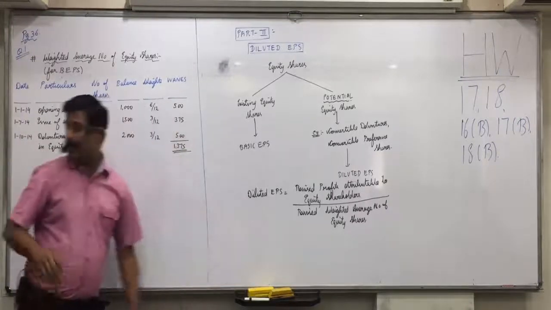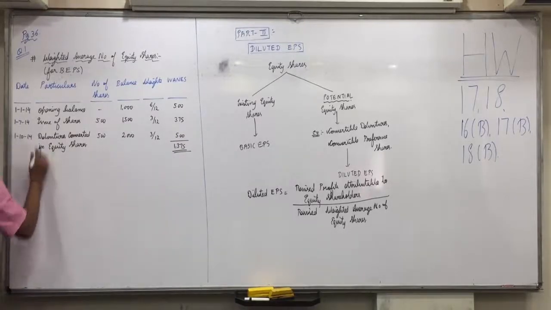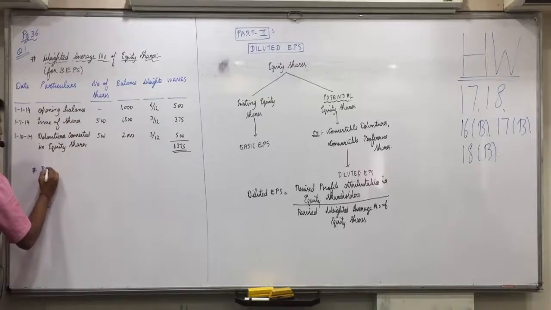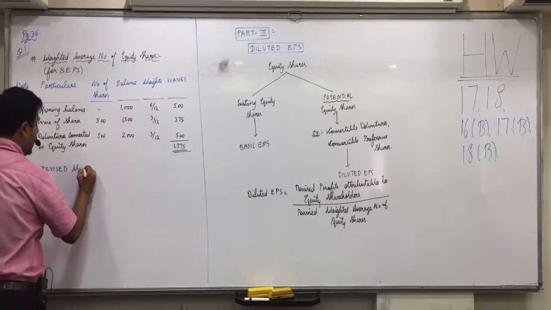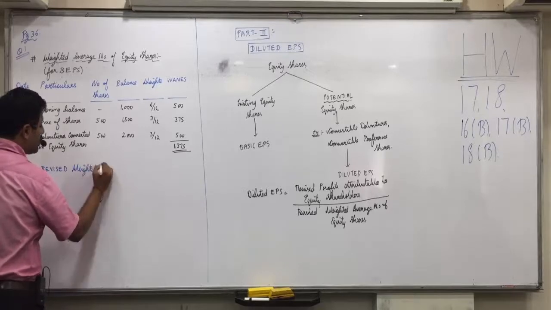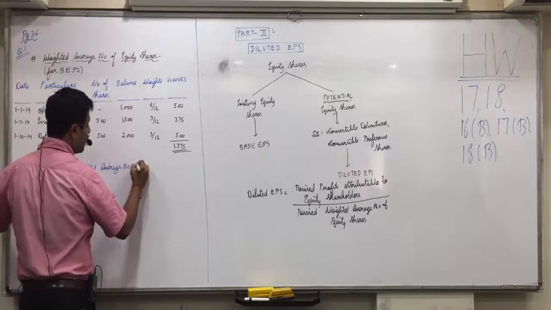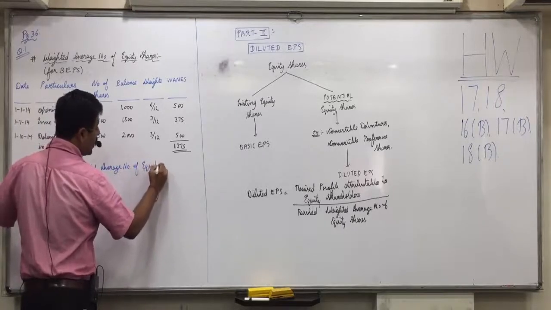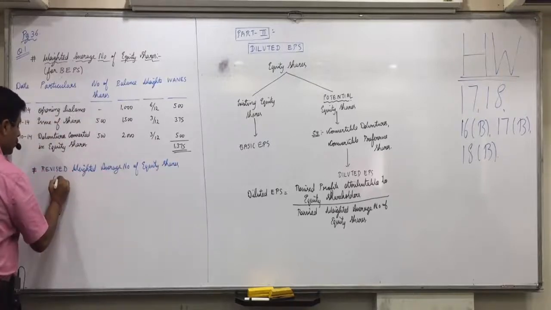Now same thing if you find for diluted EPS, then instead of weighted we will call it revised weighted average number of equity shares. And this will be for the purpose of diluted EPS.